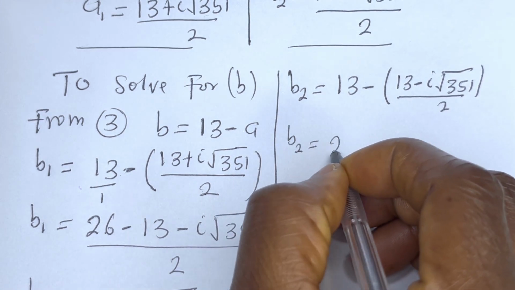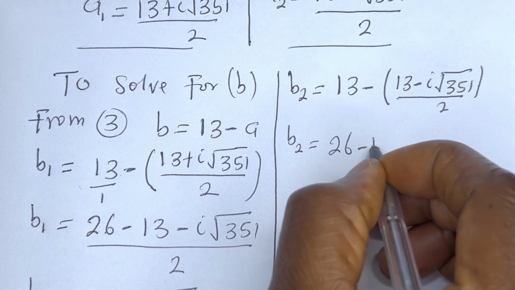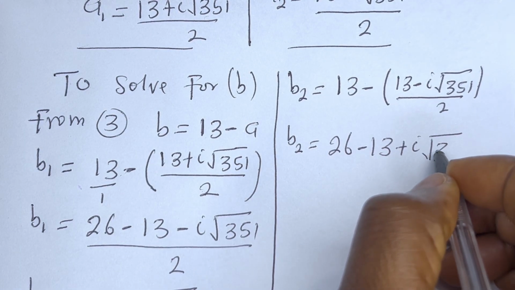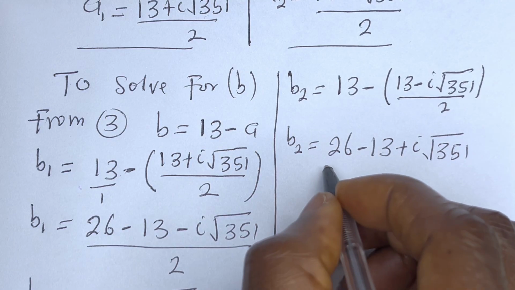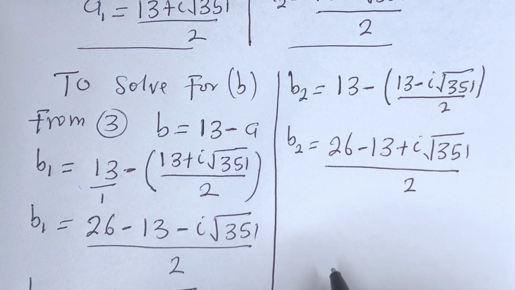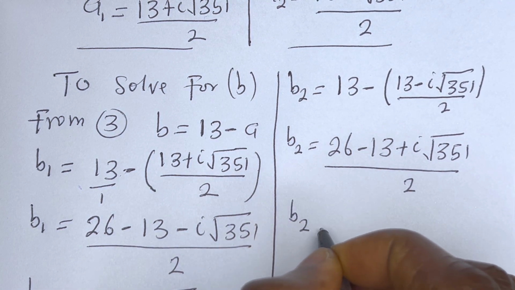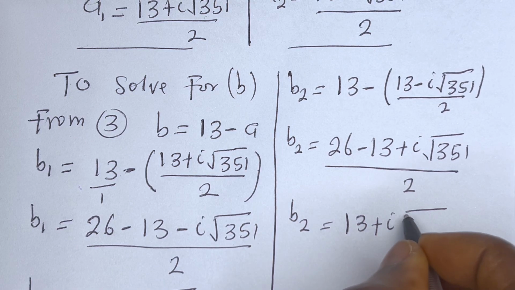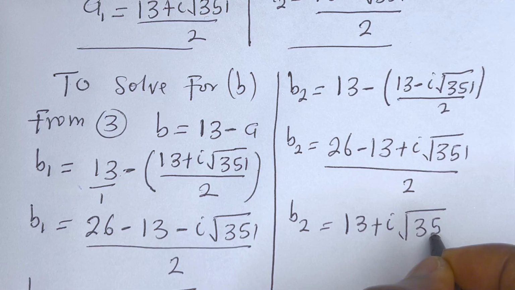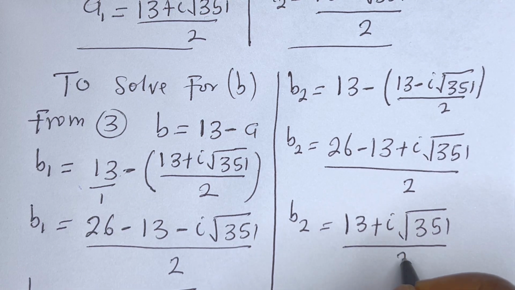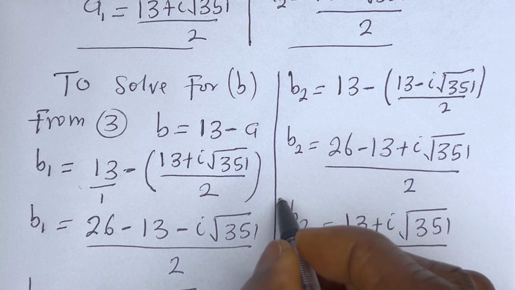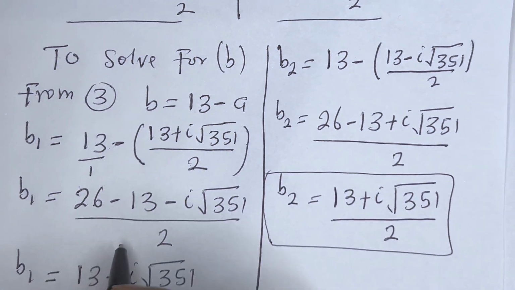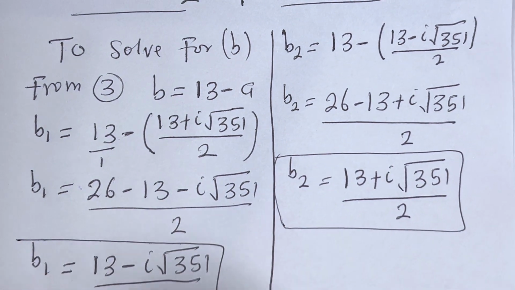B2 is equal to 26 minus 13 plus i square root of 351 over 2. B2 is equal to 13 plus i square root of 351 over 2. This is the value of B2. And here is the value of B1.